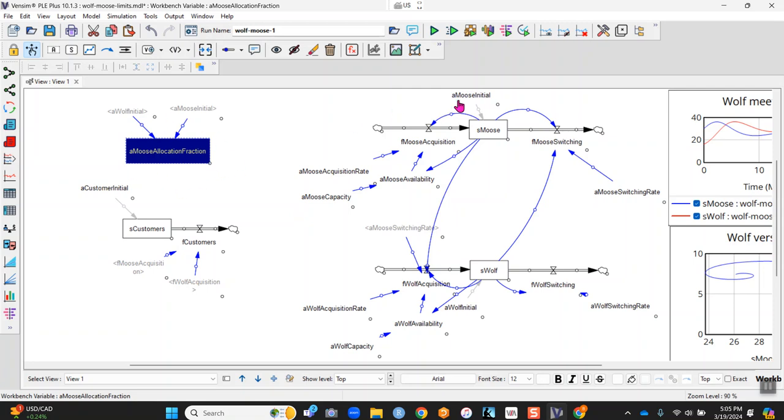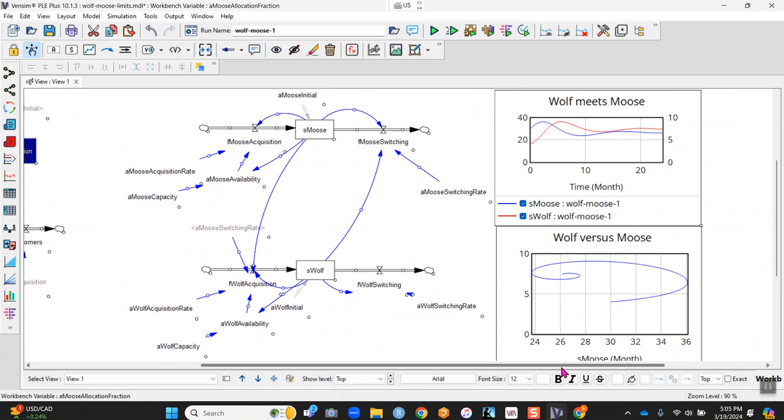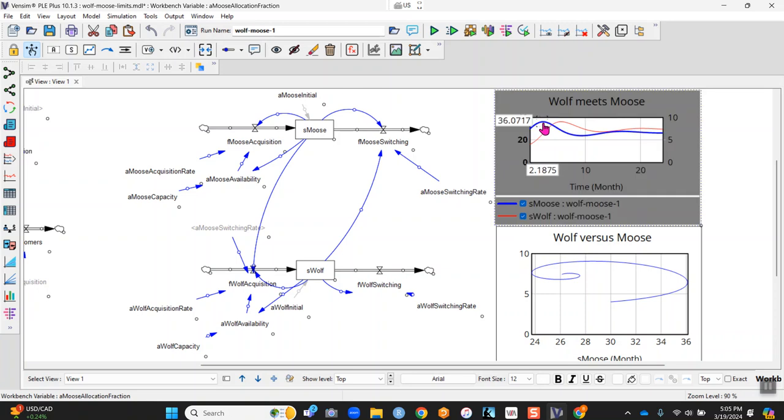I mean, it's all going to depend upon moose initial and moose and this. And actually, what we can do as an alternative, but I'm going to ask people to do that for an exercise, is to take the actual number. So it'd be pretty high here, right? 36 and 6.